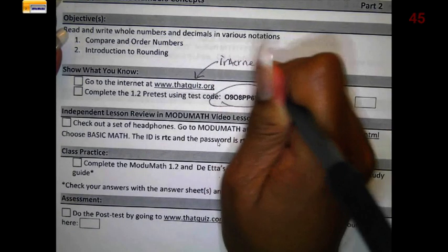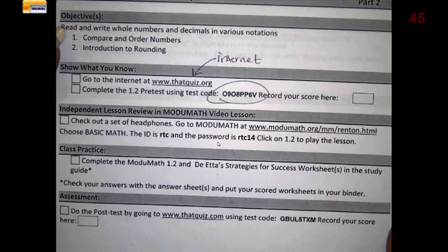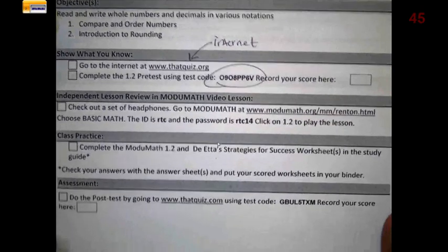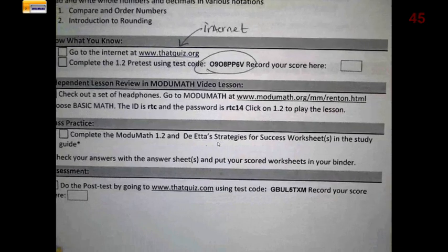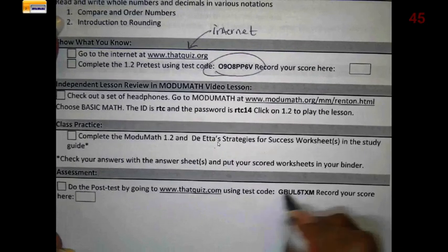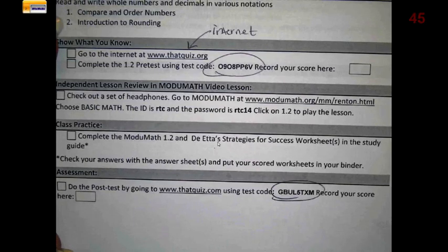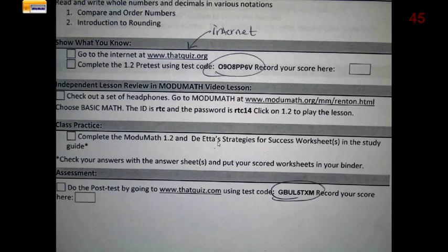Yes, it is. I don't give you anything that's not mandatory, really. I'll tell you if it's optional. What about the assessment? What number is that? GBUL 5TXM. Both of them are required. Okay?